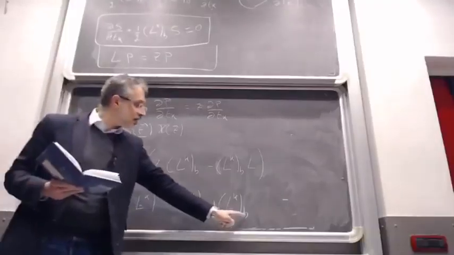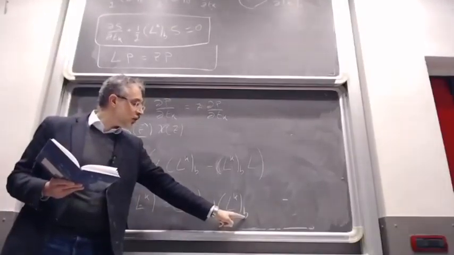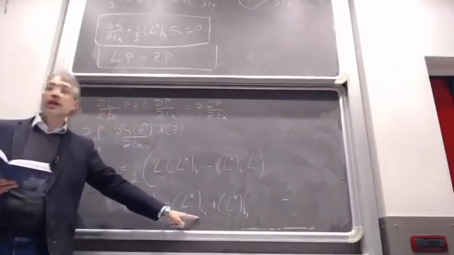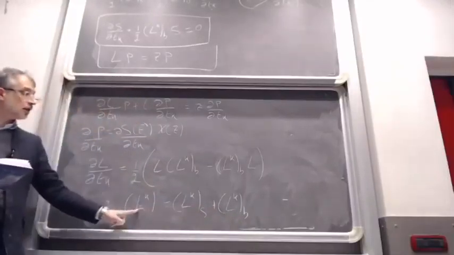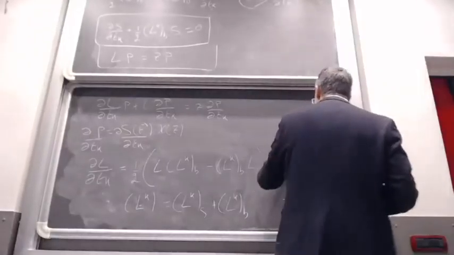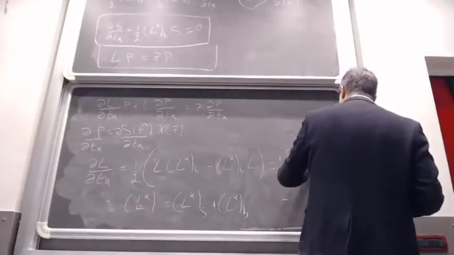So we can replace the projection B in terms of the projection S, and with L. So this is 1 over 2 the commutator of L^k_B with L.